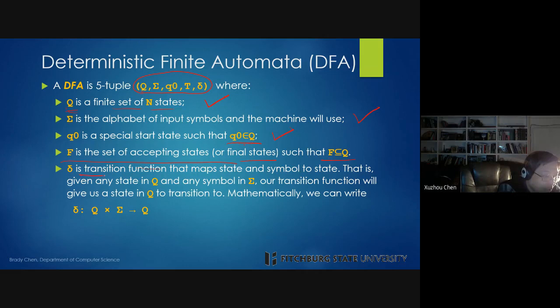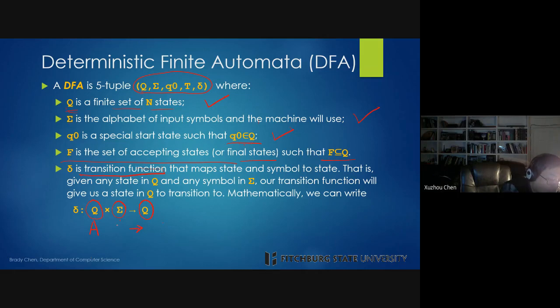Now delta is the transition, so it's called a transition function. What is a transition function? It moves you from one state to another state, depending on the value of the symbol. The function has 2 parameters, and the result is another state. For example, the current state is A. What is the next state?